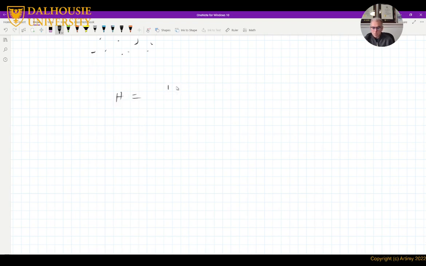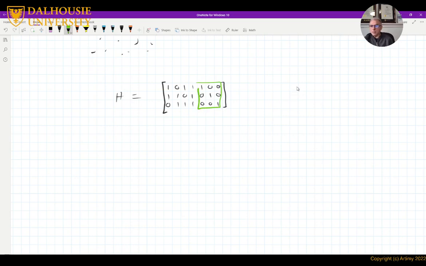It's 1 0 1 1 1 0 0, and 1 1 0 1 0 1 0, and 0 1 1 1 0 0 1. So this is the H matrix. And if you notice, this part is the identity matrix, right?